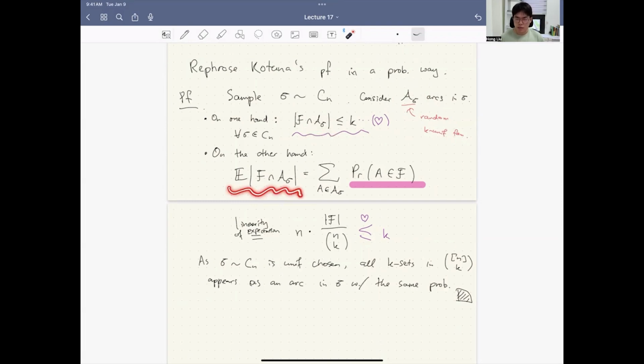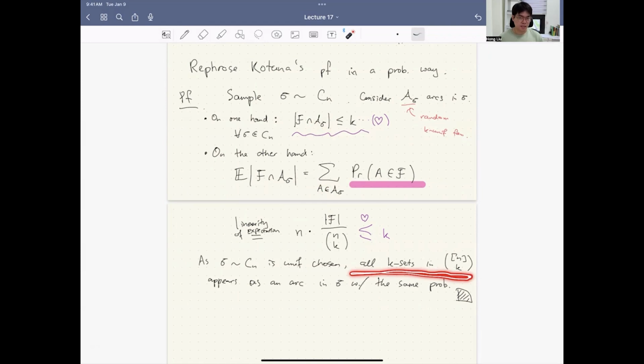We make sure that if you sample an element from our random control group, the distribution of this element, which is the arc A here, is a uniform distribution over the whole universe, where this universe is n choose k.